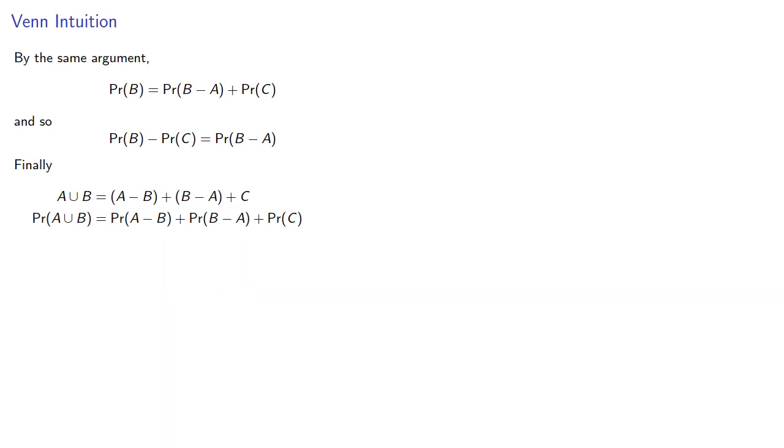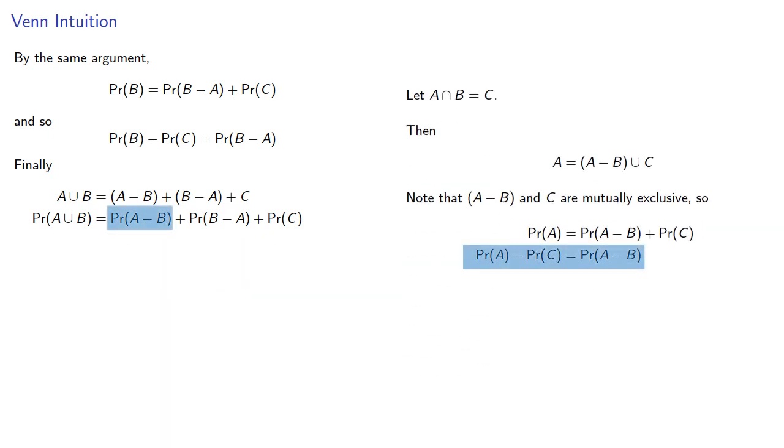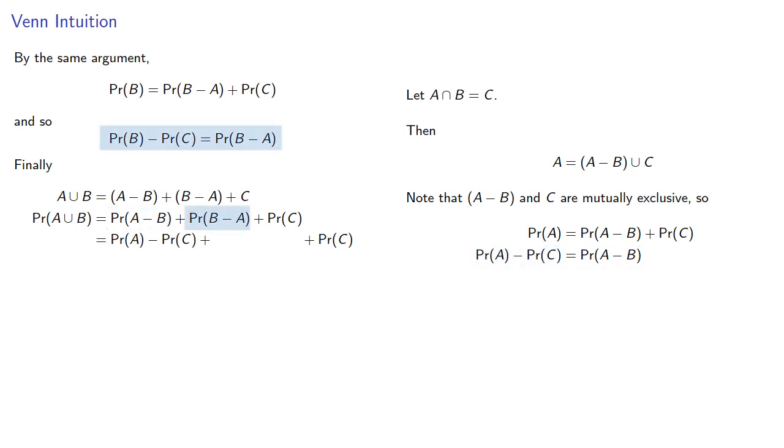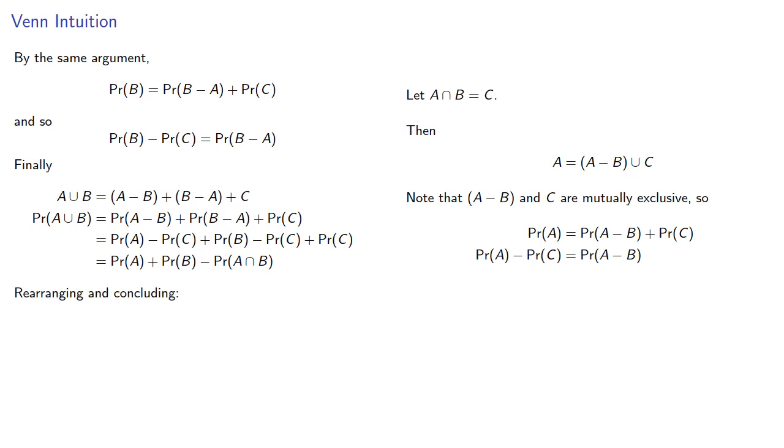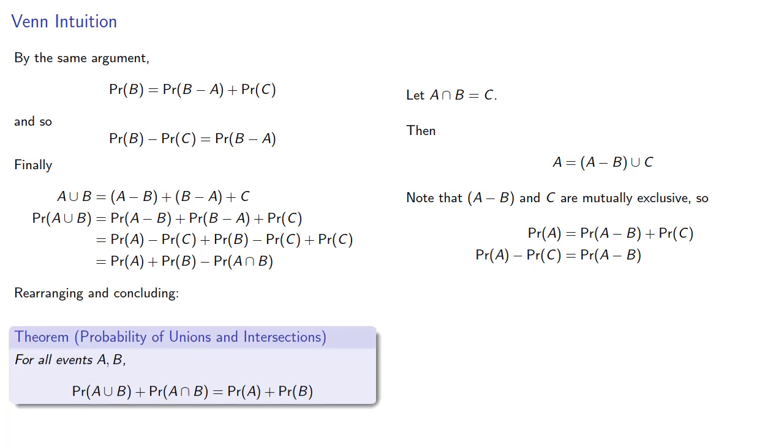But the probability of A minus B is the probability of A minus the probability of C. The probability of B minus A is the probability of B minus the probability of C. And so if we simplify, we can rearrange and conclude that for all events A and B, the probability of the union plus the probability of the intersection is the sum of the probabilities.